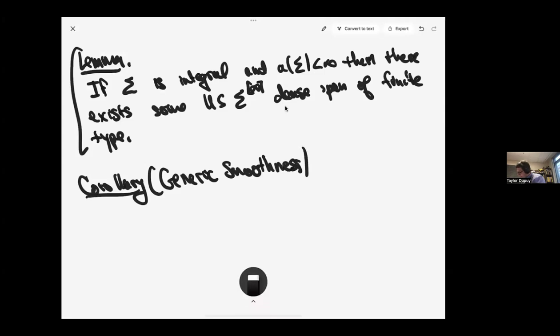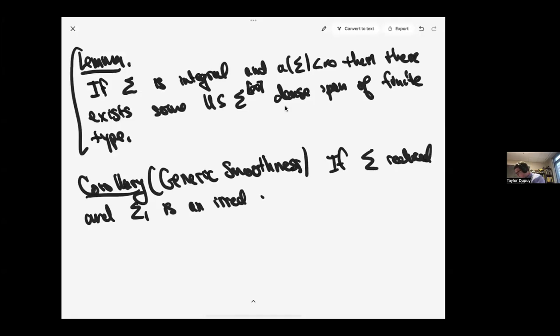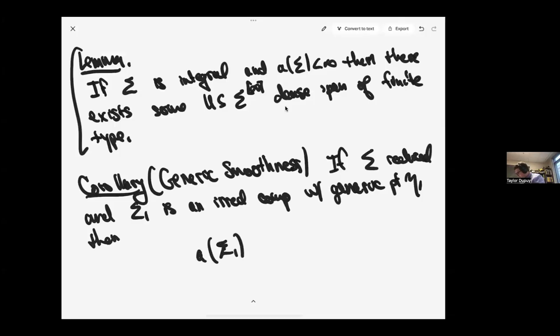It says that if sigma is reduced and sigma 1 is an irreducible component with generic point A to 1, then the absolute dimension here will be the absolute dimension of the tangent bundle at the generic point. The key hypothesis here is reduced.